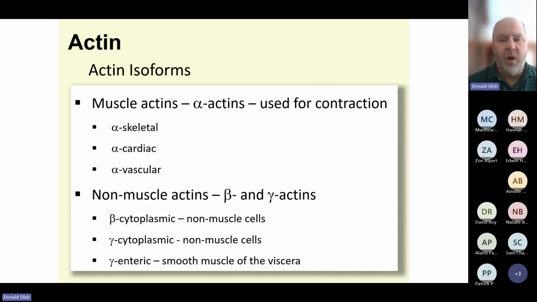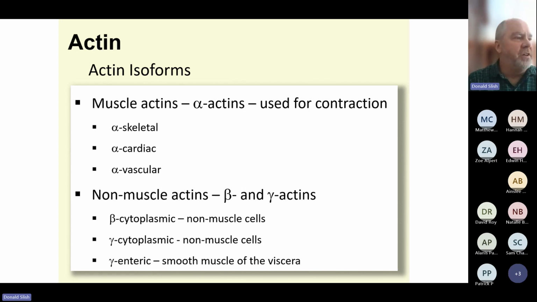They're just the only thing in non-muscle cells. So you've got beta and gamma actins in non-muscle cells, gamma enteric in smooth muscle of the viscera. So that's pretty specific. But anyway, your alpha actins are for contraction, and your beta and gamma actins are more structural in all cells.